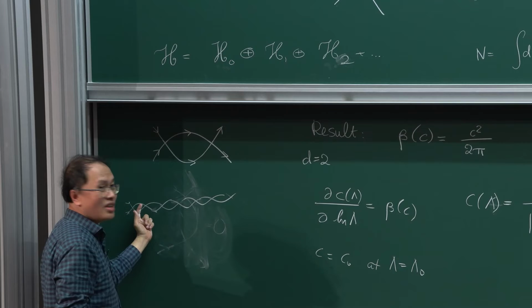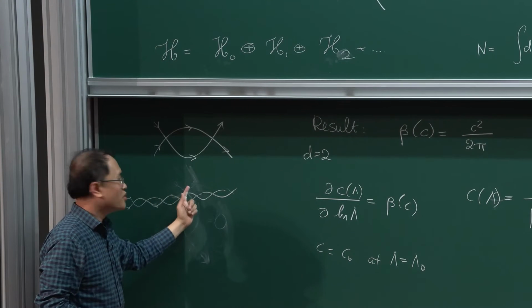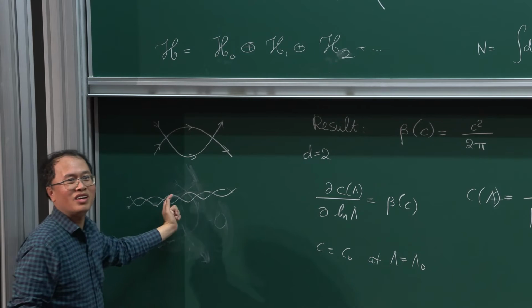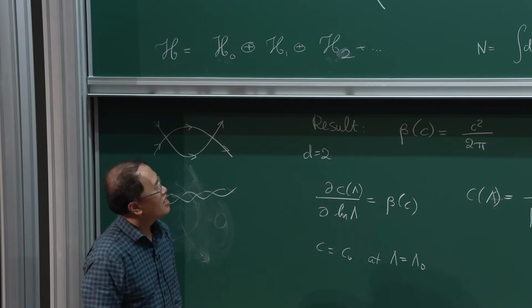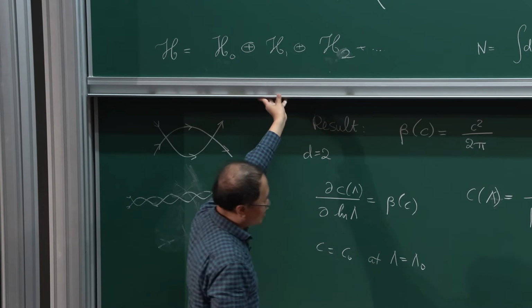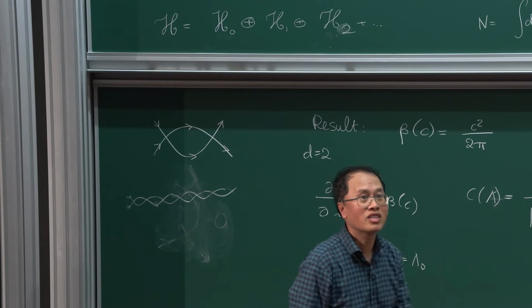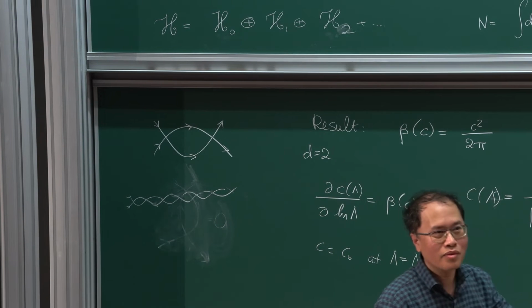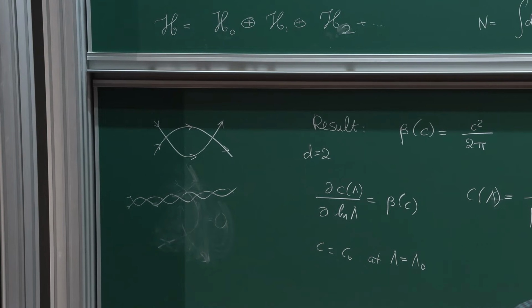So this diagram reflects this fact. Every cut goes through 2 propagators in the intermediate state, and there is no other possibility. So this beta function is exact to all orders? The beta function can be computed exactly if one specifies the scheme of regularization. Once you specify the regularization scheme, the two body problem can be solved exactly and you get the exact beta function.